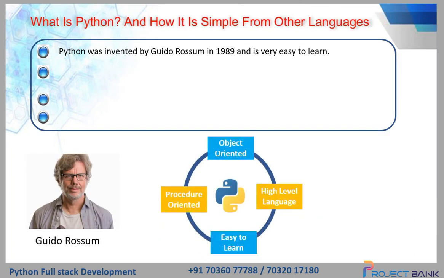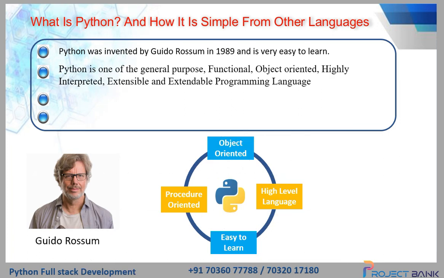Let me introduce what is Python and how simple it is compared to other languages. Python was invented by Guido van Rossum in the year 1989 and is very easy to learn. Python is a general purpose, functional, object oriented, highly interpreted, extensible, and extendable programming language.